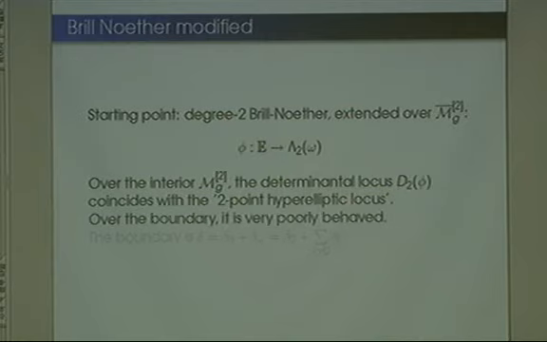But as soon as you go to the boundary, this is very far from true. This map is, in some sense, quite poorly behaved. It's much more degenerate than you would like it to be. So let's analyze this a little bit.